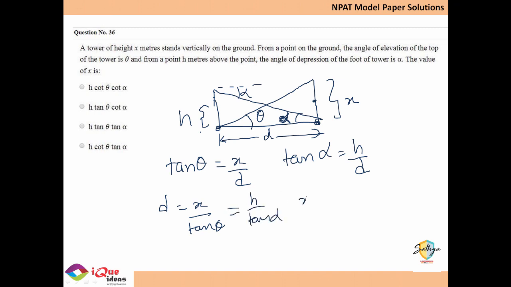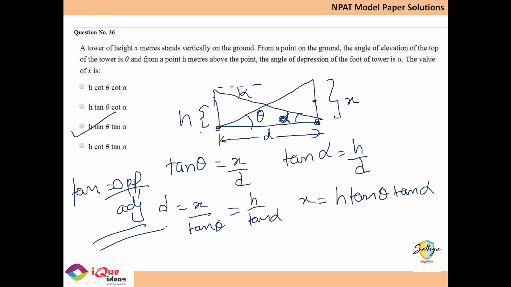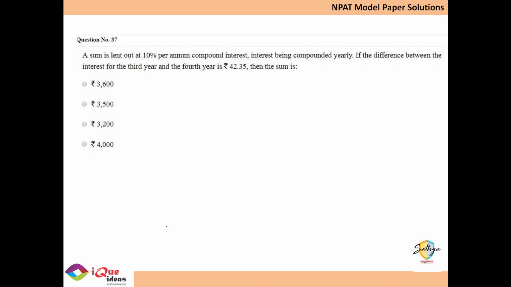So solving this, I get the value of x is equal to h times tan theta into tan alpha, right? So if you remember that tan is nothing but the opposite upon the adjacent, then this is a very simple problem to solve. Absolutely no problem in that. So moving ahead to the next problem.